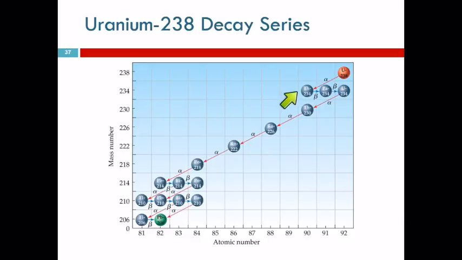So it's thorium-234, protactinium, uranium, then thorium, radium, radon, polonium, and it goes through all these things, and eventually it ends up as lead-206. You don't have to remember any of that, but that's what happens when things decay. They form other things, and a lot of times those other things are also radioactive.